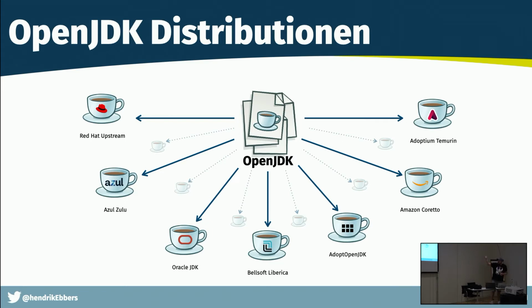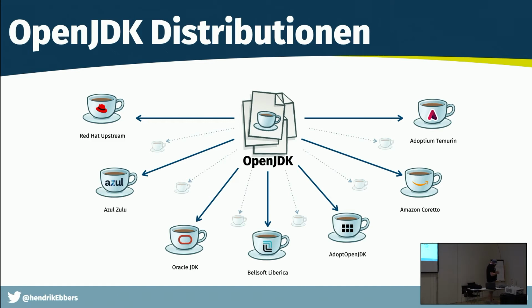Yeah, and next to this, we have a lot of distributions, right? The ones at the bottom are, for example, the Twitter distributions that are not available on the market, or only some small distributions, but there are quite some really big distributions today, like Amazon Corretto, Adopt OpenJDK, Bellsoft Liberica, Oracle JDK, Azure Zulu, and so on.